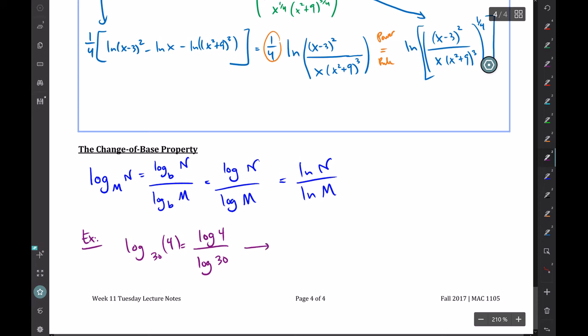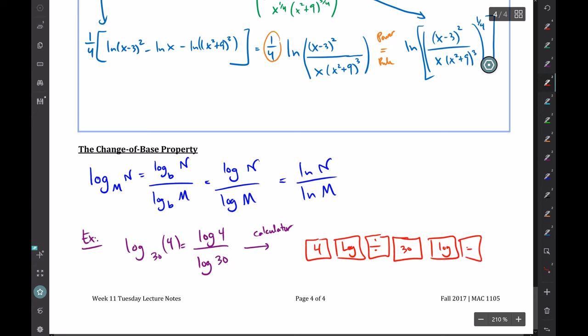In your calculator, you would type the 4 button, the log button, divide button, 30 button, log button, and then equals. And you should get roughly 0.408.